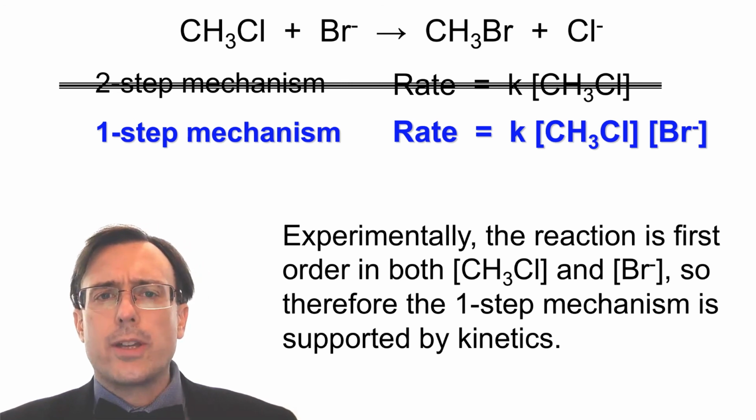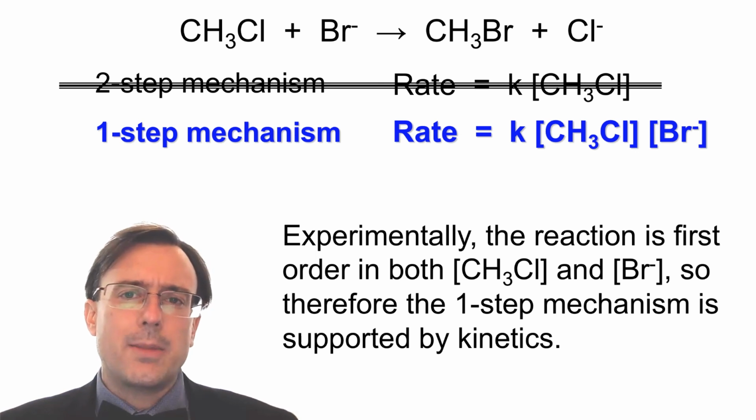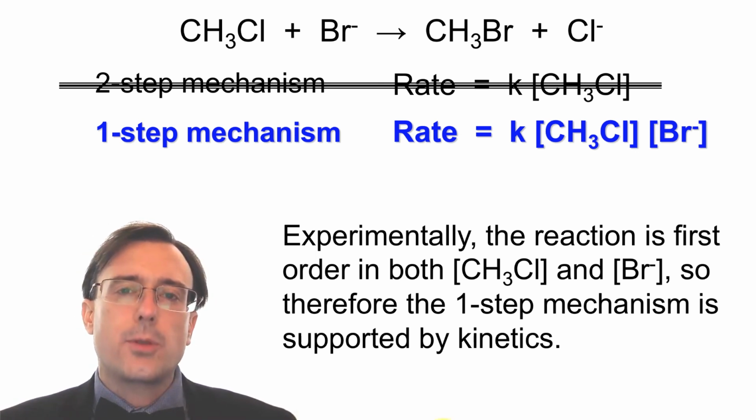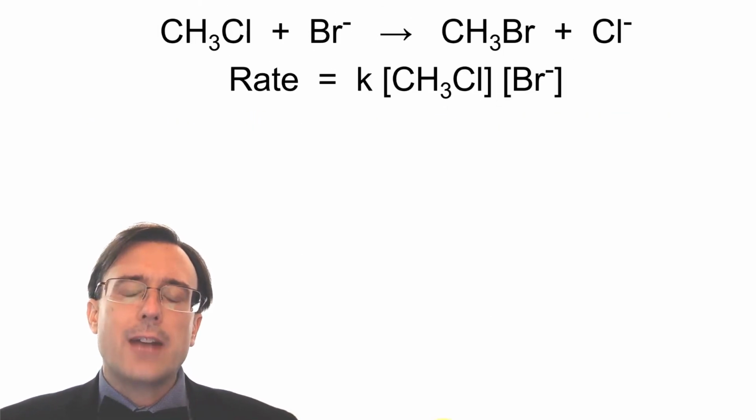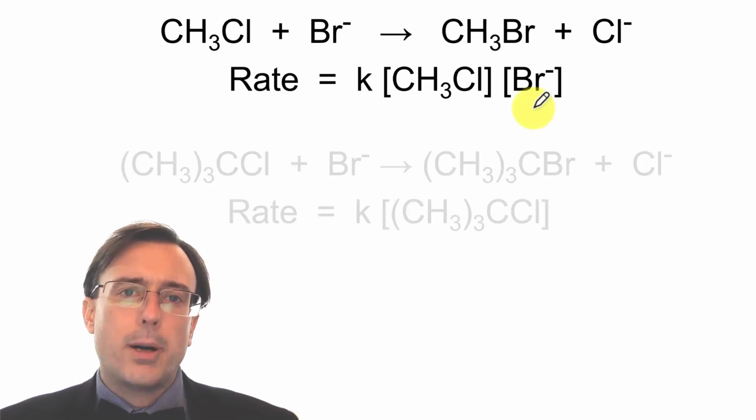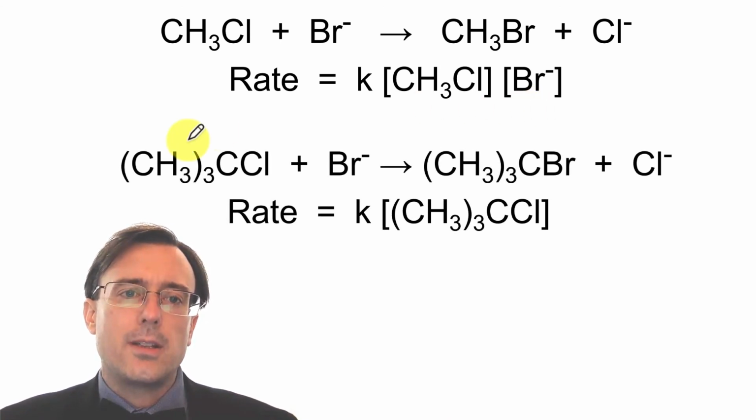Now, we went to all that trouble looking at a one-step mechanism and a two-step mechanism. It turns out that not all nucleophilic substitution reactions work exactly the same way. So if we compare this reaction that we just looked at, remember this reaction is second order overall because it is a one-step process. But sometimes there are other species, for example, this compound right here, in a fairly similar reaction where we're replacing this chlorine with a bromine.